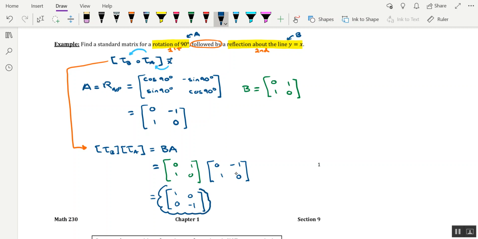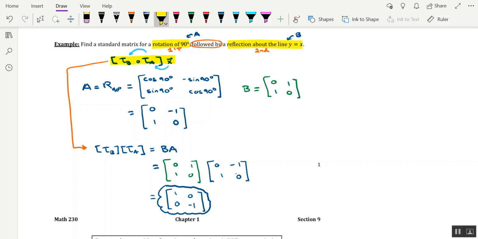So here's the thing about the matrix that we just constructed. Rather than, and I'm referencing this first part of the solution, doing two different matrix multiplications with each input vector x, namely first multiplying by the matrix A, then multiplying by the matrix B, we can do some scratch work in advance to come up with the standard matrix when those two matrix transformations' standard matrices are multiplied together.